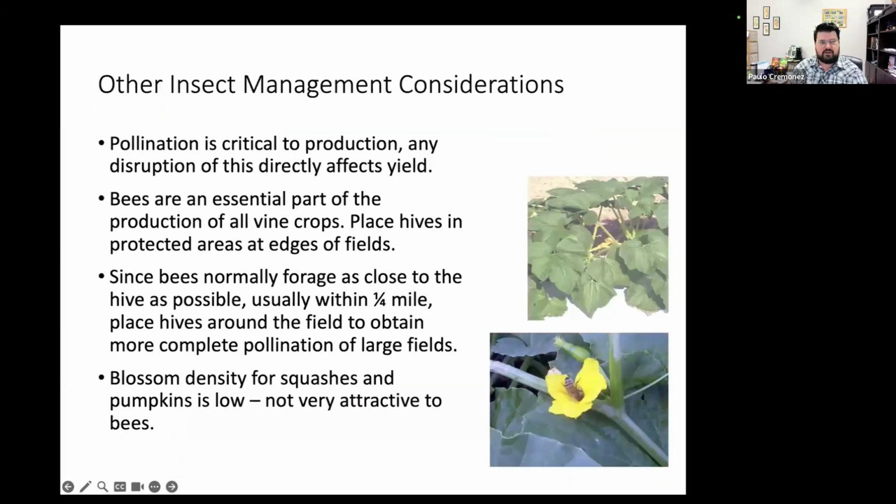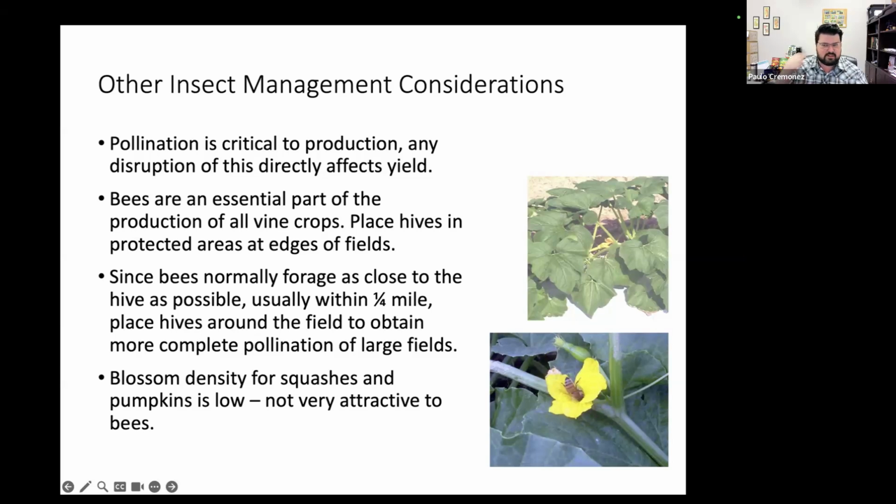So summarizing for other insect management considerations, this is a good consideration to pay attention to here. Pollination is very crucial to cucurbit production. Any disruption of this natural system will directly affect the yield. So we need to be very smart in the decision-making tools here.